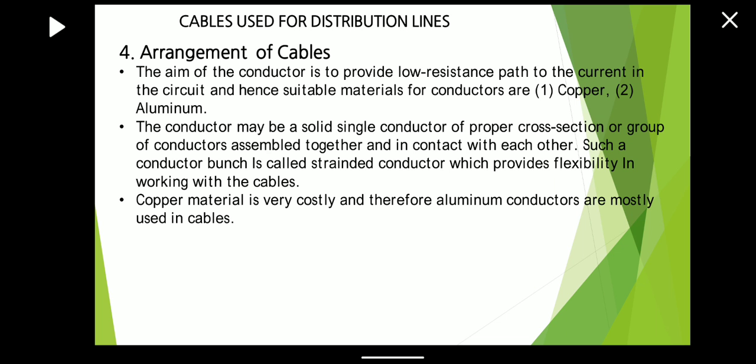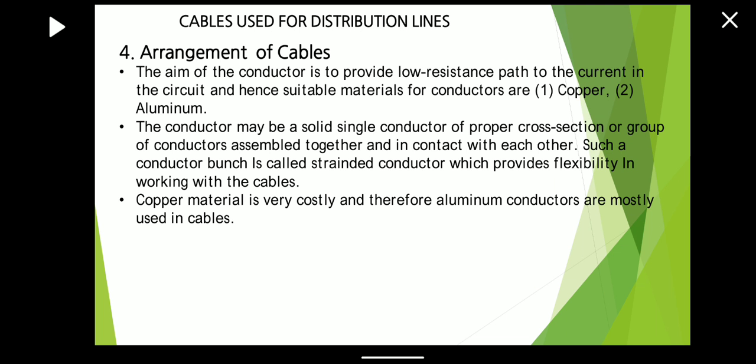The aim of the conductor is to provide a low resistance path to the current in the circuit, and hence the suitable materials for the conductors are copper or aluminum. The conductor may be a solid single wire of proper cross section or a group of conductors assembled together and in contact with each other.